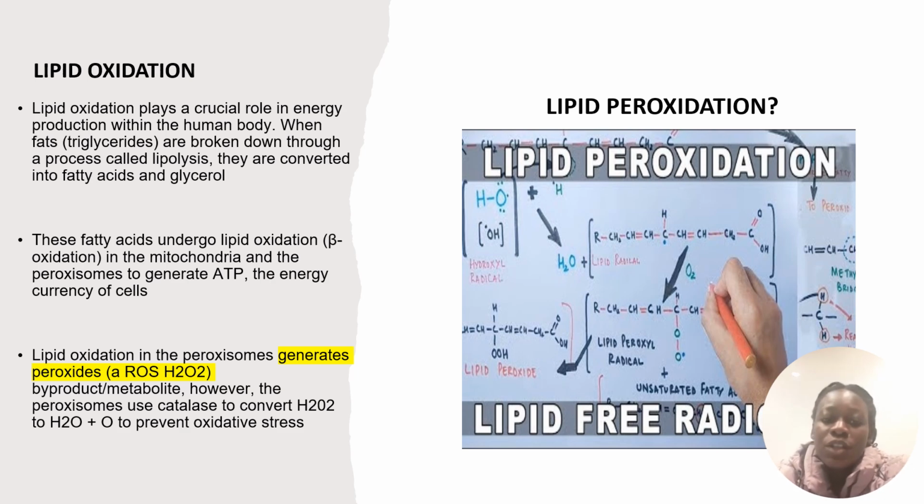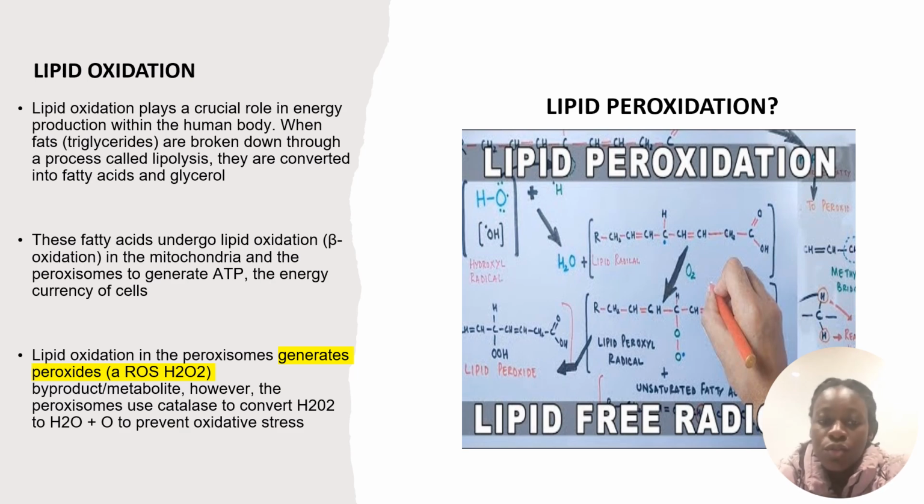Now, lipid oxidation in the peroxisomes generates peroxides, a reactive oxygen species, H2O2. It's like a byproduct metabolite. However, peroxisomes use the catalase enzyme to convert H2O2 to water and oxygen to prevent oxidative stress.